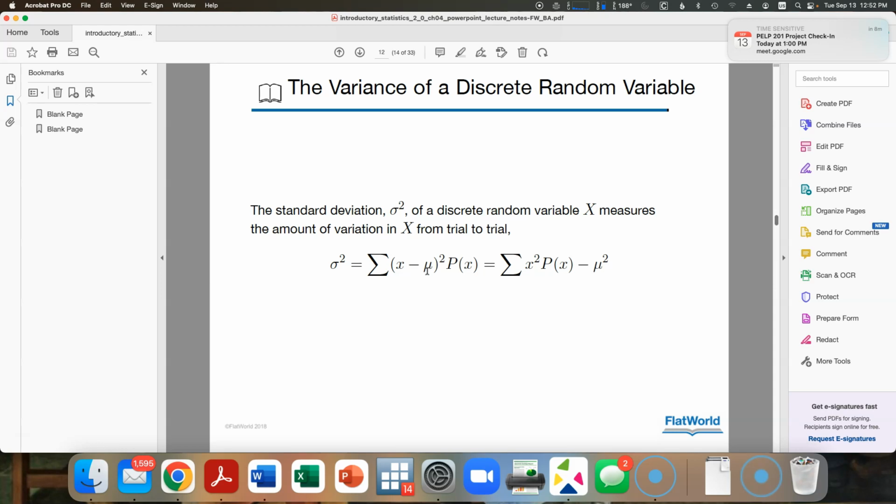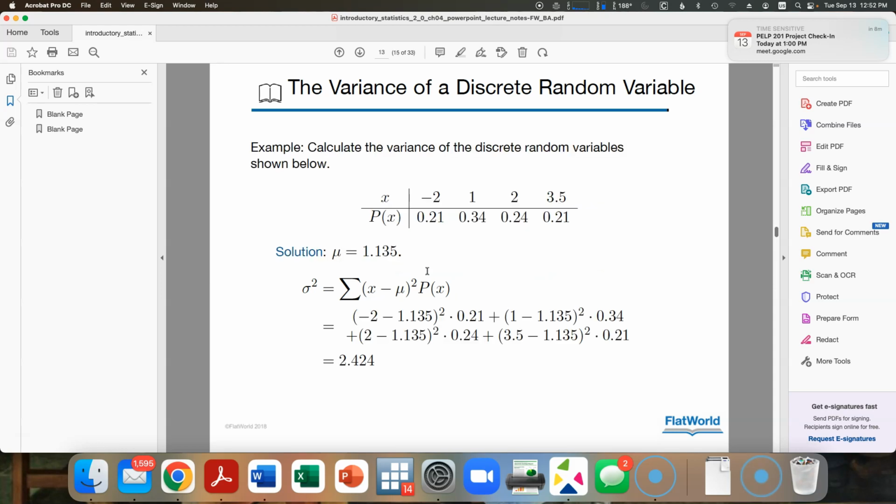Okay. And so that's what you see here. So then I take each of the values, -2, 1, 2, and 3.5, and for each of those four, subtract the 1.135, take the square of each of that difference, and then multiply it by the probability, and add.